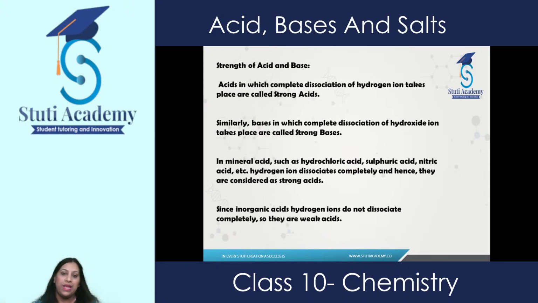Now, on what basis does the strength of acid and base depend? If more concentration of hydrogen ions are present, we call it a strong acid. If there is complete dissociation of hydrogen ions, it is a strong acid, and if partial, then we call them weak acids.